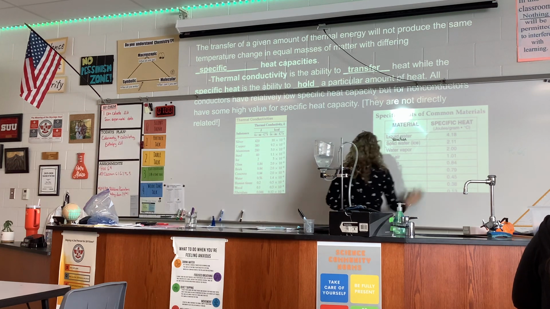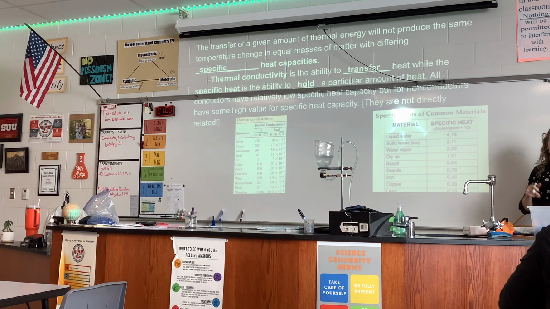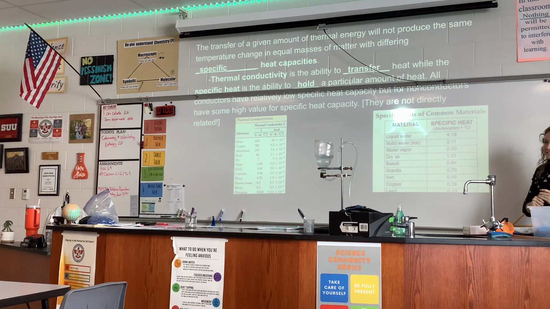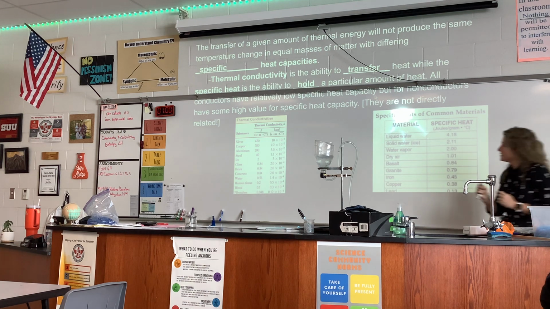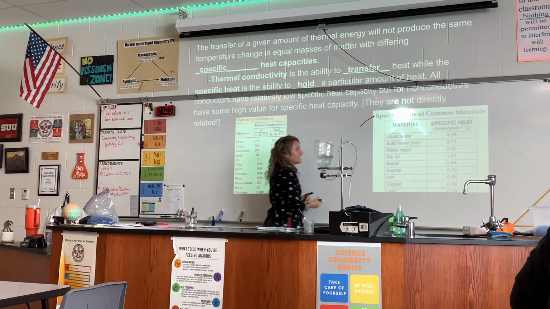So the specific heat of a substance is a measurement of how many joules it takes to raise that substance by 1 degree if I have 1 gram. So I'm going to write that definition over here as maybe a simpler way of understanding it.